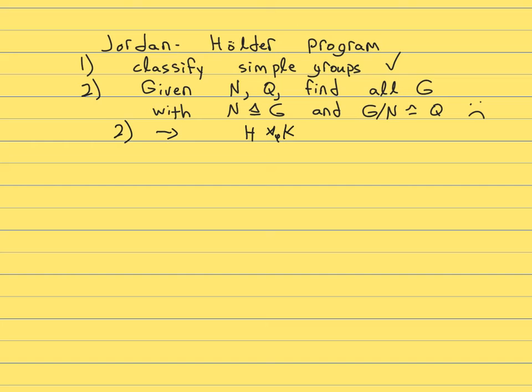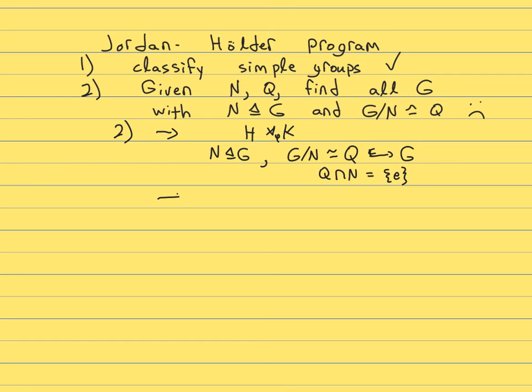That describes all cases where you have a normal subgroup N, G mod N is isomorphic to Q, and somehow Q is still a subgroup of G. And under this embedding, Q and N intersect in the identity. If you have that set up, then we know how to build your group. But if you don't have that set up, we have no idea.